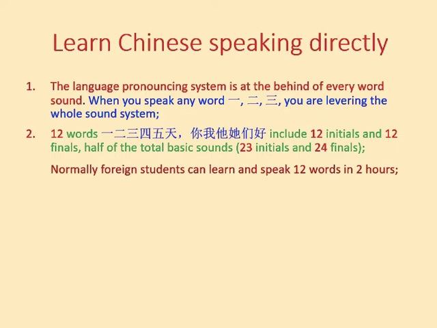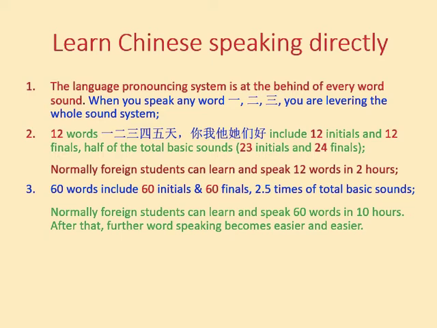The 12 words 一、二、三、四、五、天、你、我、他、他们、好 include 12 initials and 12 finals. It is already half of the total basic sounds. Normally, foreign students can learn and speak these 12 words in 2 hours.